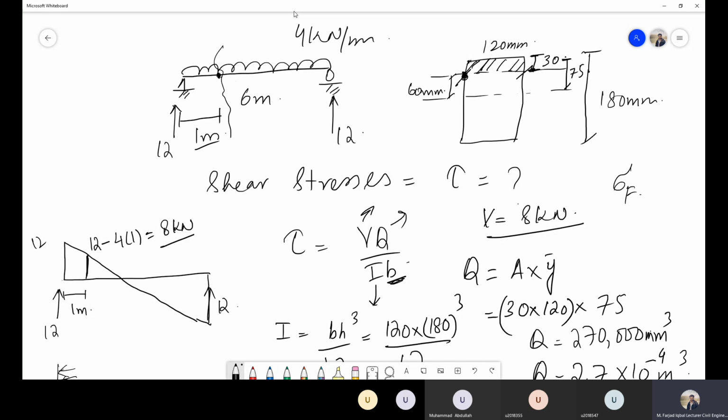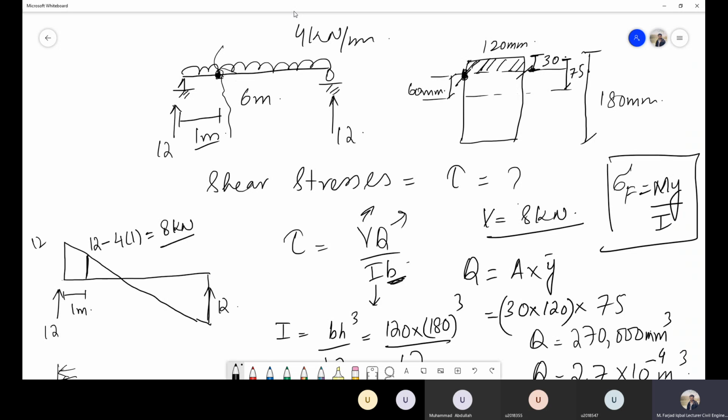If you want to report the total state of stress at this particular point, you have to report both the shear stresses and the normal stresses. For now, I leave it up to you to calculate the flexural stress at the same point along the length and at this particular point in the cross section.